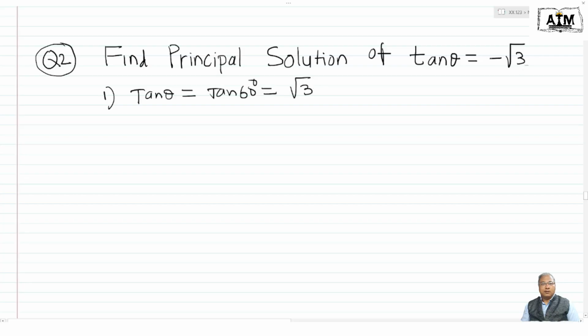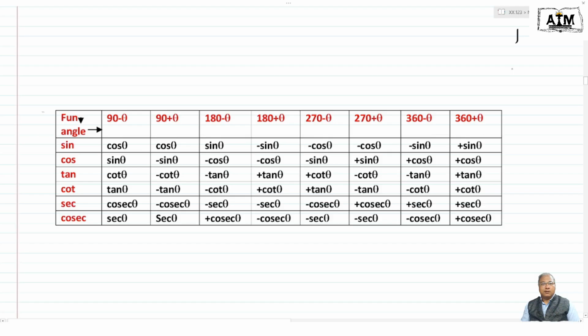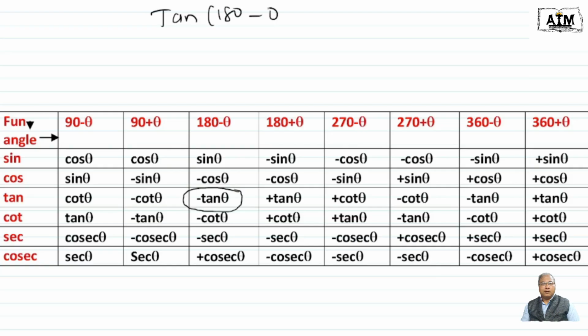But in the question, it is minus root 3. So how to handle it? For that, you need to go back to the table of allied angles. From the allied angles, you have to search where tan theta is negative. You see, here tan theta is negative, that is tan of 180 minus theta equals minus tan theta.